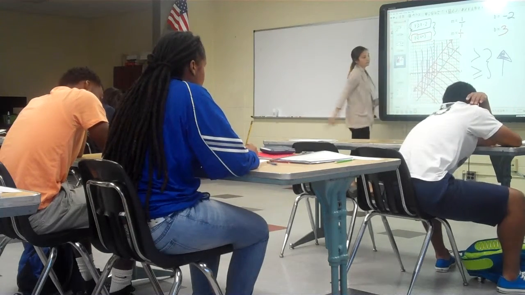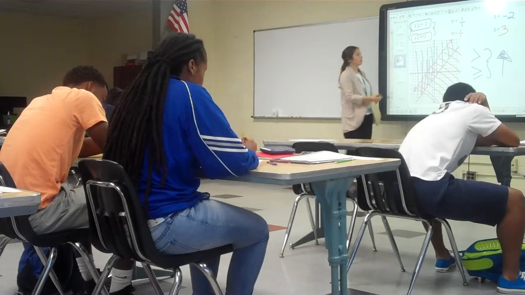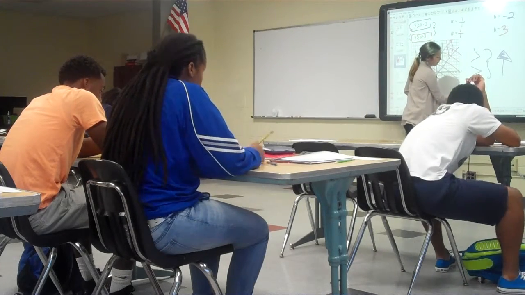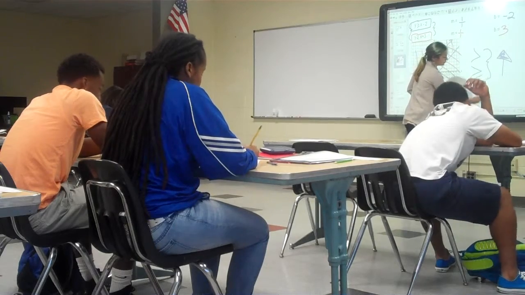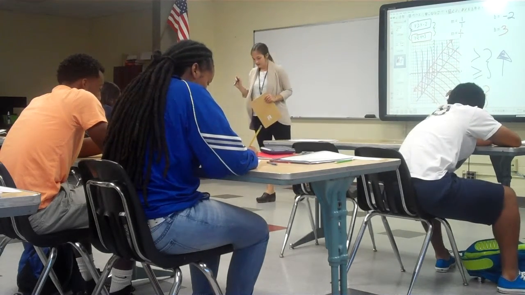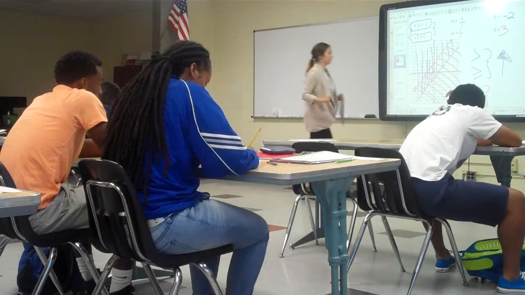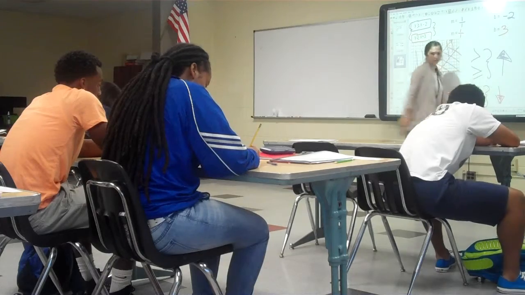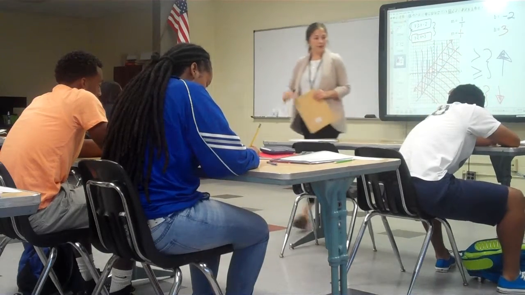Okay? When we have less than or equal to, our shading is going to go, Jamisha? Down. Good. Below the line. Cool. All right, let me make sure everyone's got that on their papers.